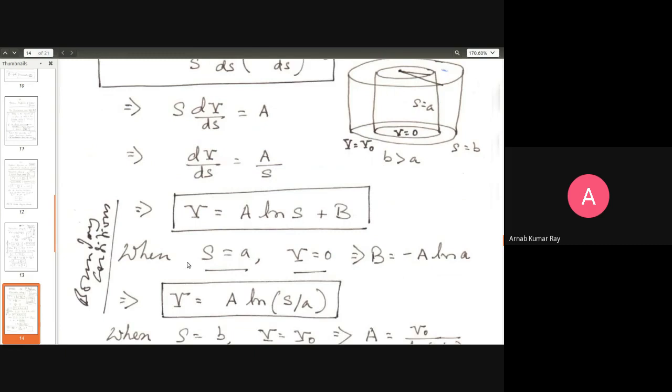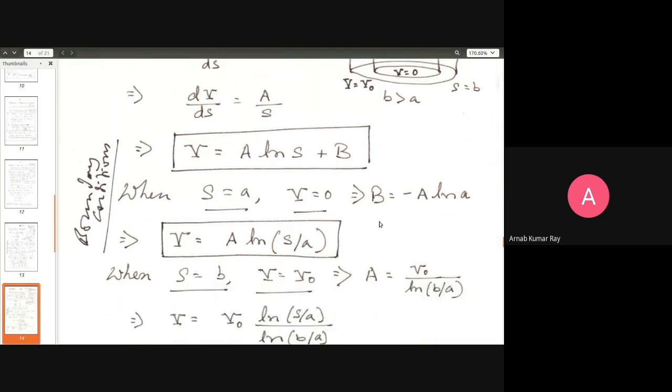So S is equal to small a and V is equal to 0. That is what you write. So 0 is equal to capital A into log of small a plus B, therefore B is equal to minus capital A log of small a.